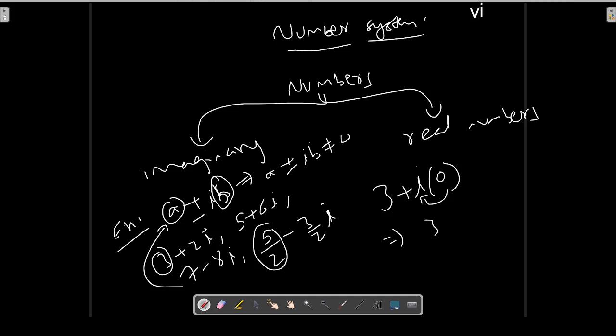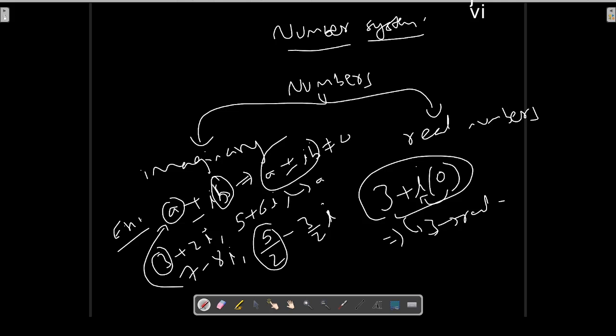So the value of this number will become 3, and 3 is not an imaginary number. It will become a real number.